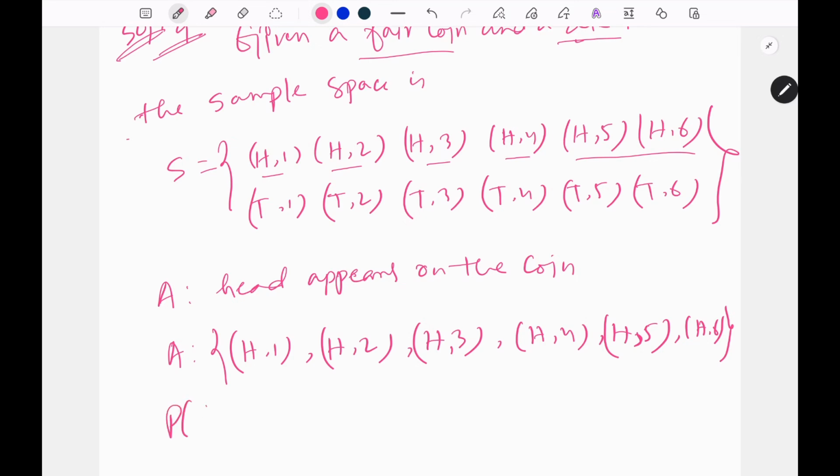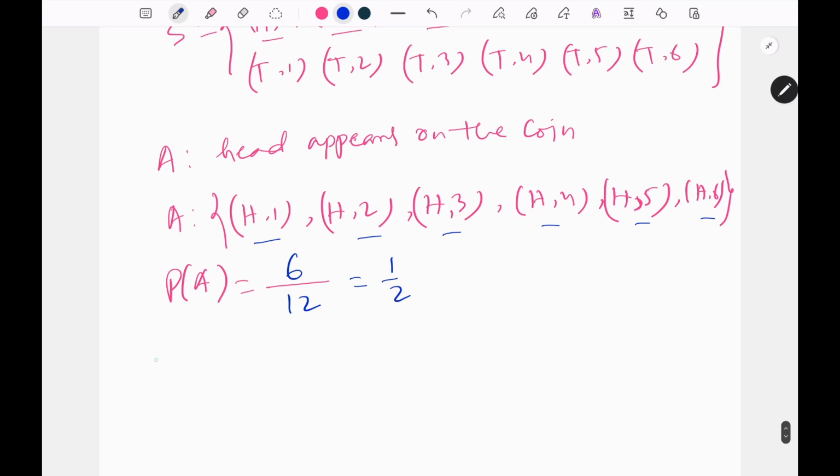So what will be the probability of A? How many elements are there? 1, 2, 3, 4, 5 and 6, and in the sample space how many are there? 12. So it is 6 by 12, that means it is 1 by 2.